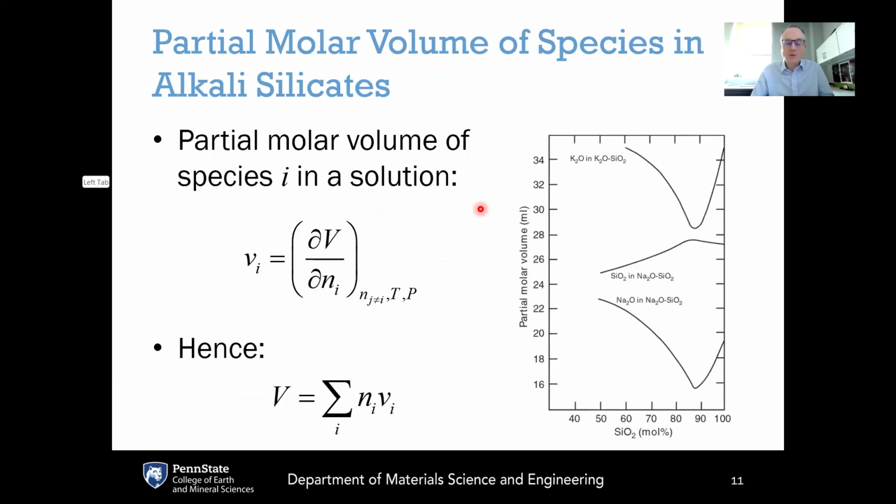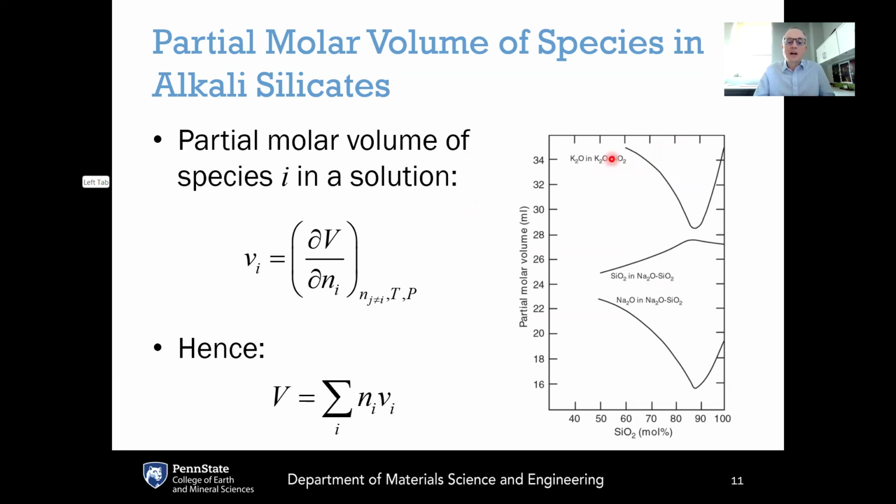Now, one of the ways that we can analyze the molar volume is in terms of partial molar volume of different species. So if you consider your glass, say that we've got a binary glass, say a potassium silicate glass or a sodium silicate glass, the molar volume is telling us how much volume 1 mole of this takes up.